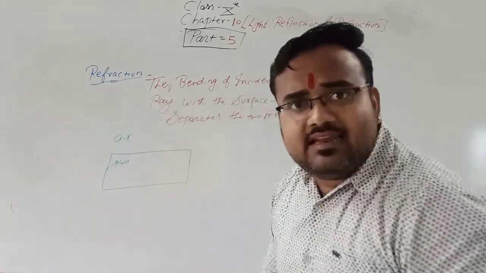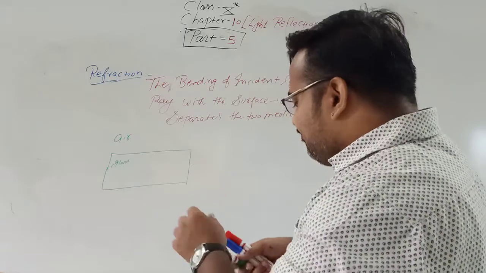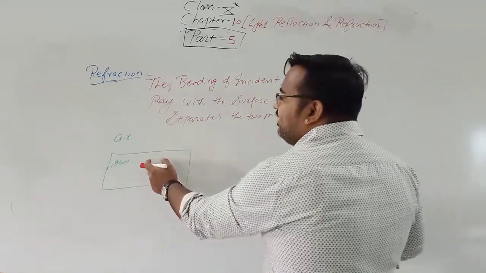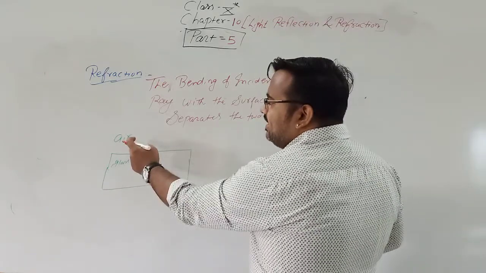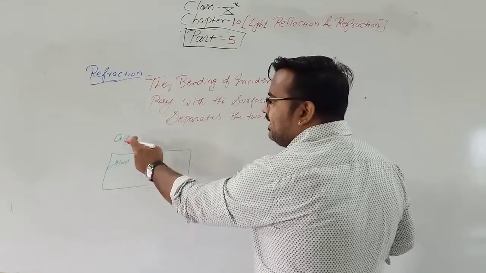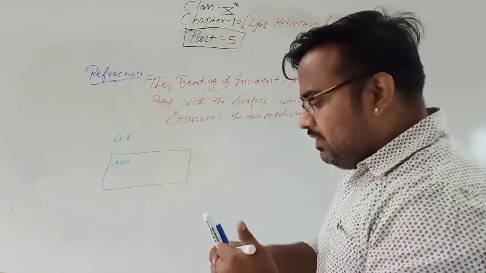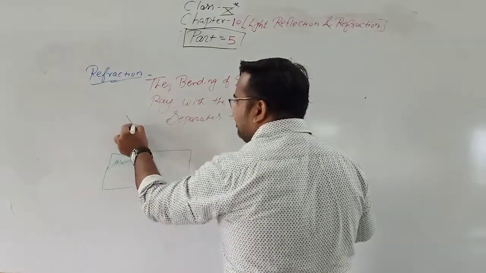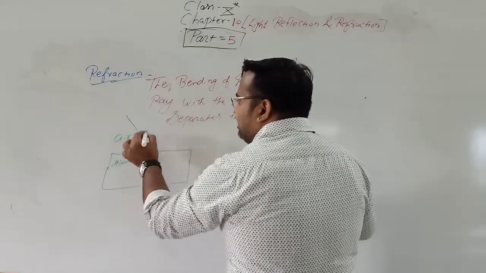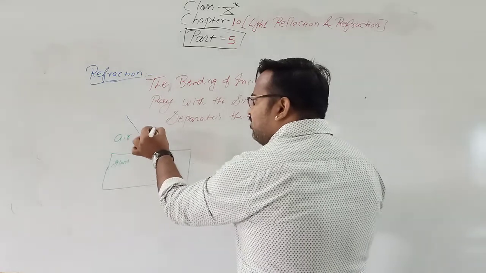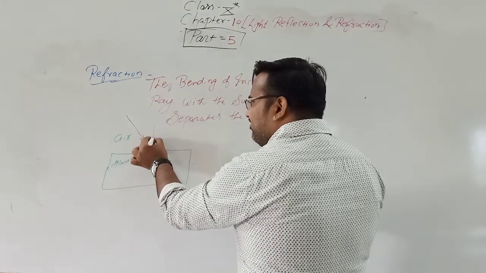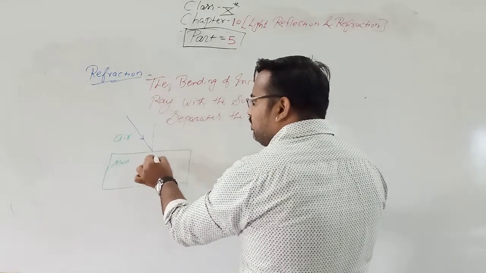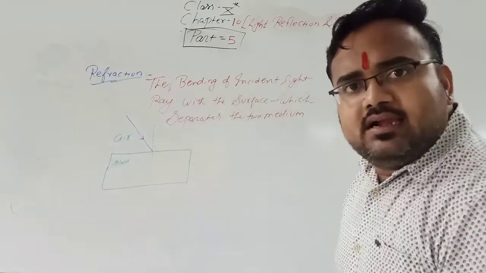Now, if the incident light ray is traveling from air and enters into the glass, there are two medium, air and glass. Now if the incident ray is traveling like this, we will draw an imaginary perpendicular to the plane. Clear?